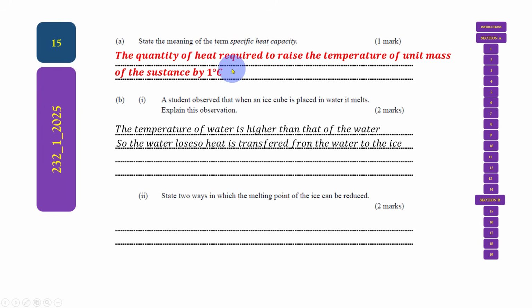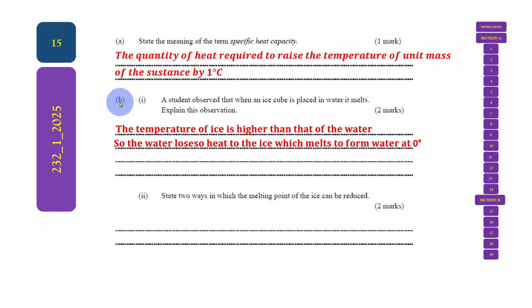For example, when you are given the specific heat capacity of water as 4200 joules per kilogram per Kelvin, that would mean that the quantity of heat required to raise the temperature of 1 kilogram of water by 1 degree Celsius will be 4200 joules.